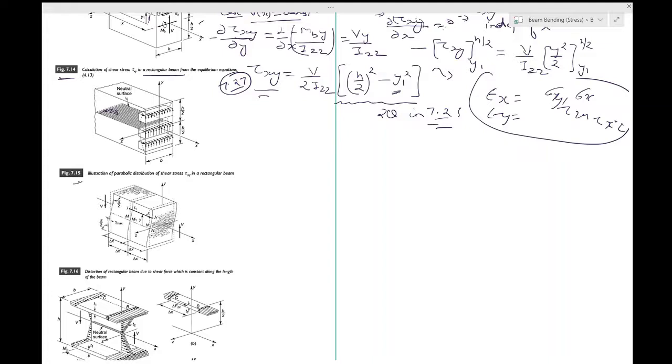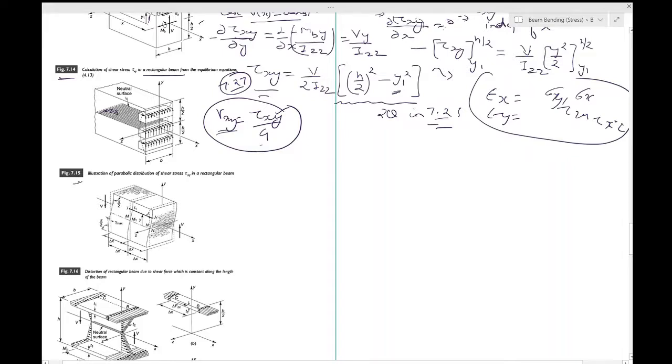Now we find that the shear strain also varies parabolically. If you look at 5.2, gamma xy is essentially tau xy by G. Because tau xy varies parabolically for a rectangular beam, gamma xy will also vary parabolically, because this is essentially the same divided by this number G.